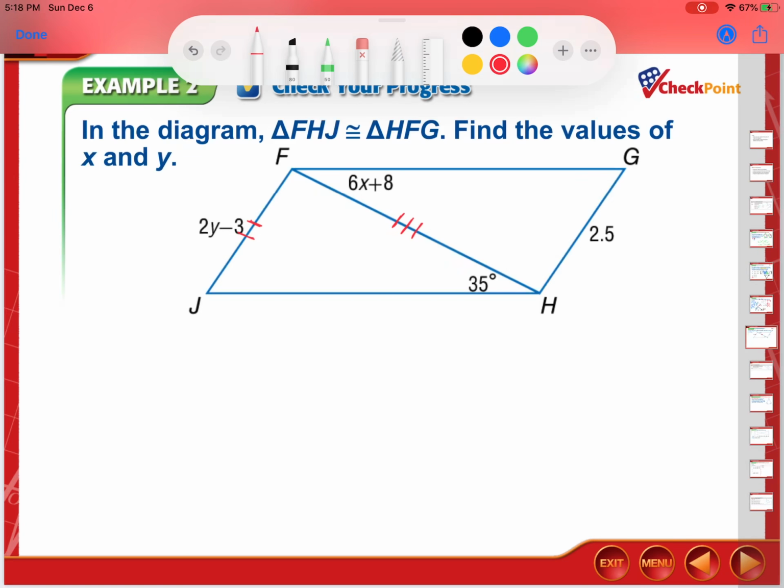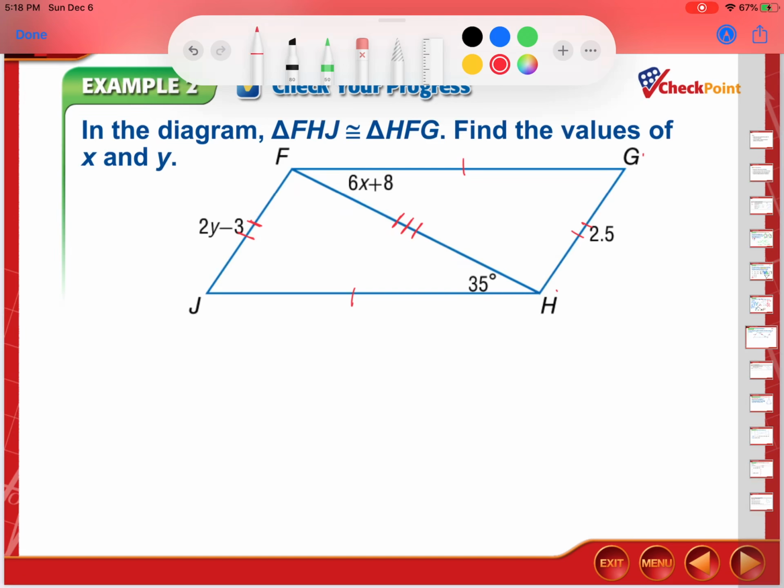I'm going to label JF is congruent to, so JF in this first triangle, or FJ, so the first, then the third, is going to be the same as HG. So those two lines are congruent, which means that line and that line must be congruent.